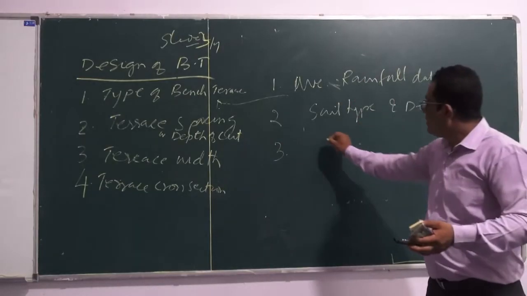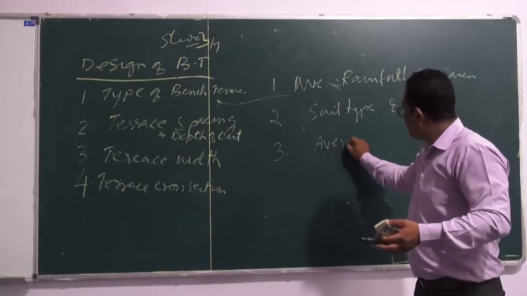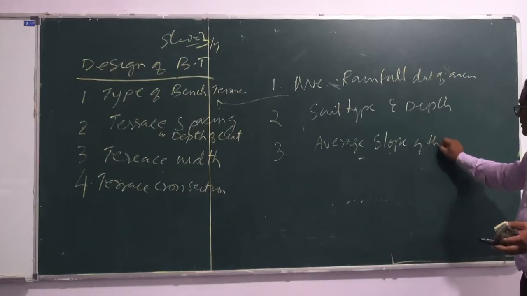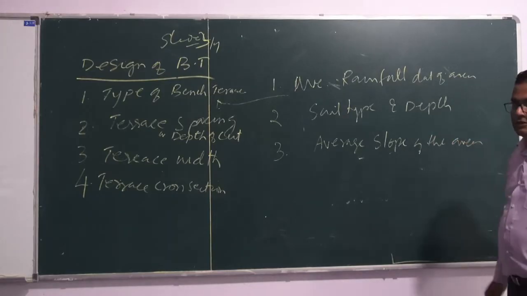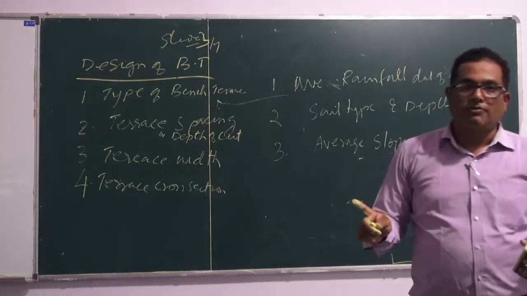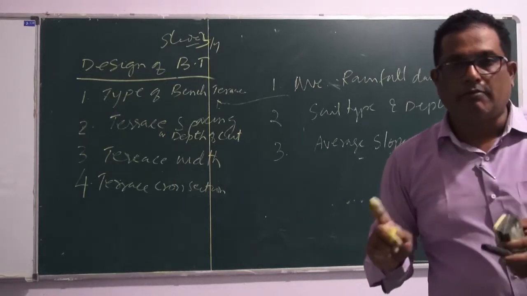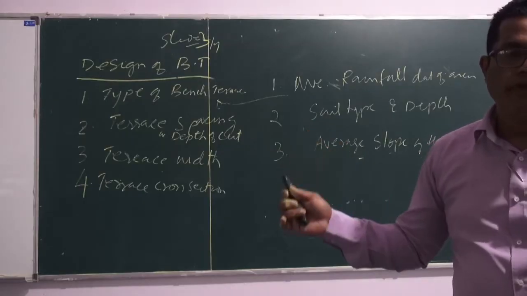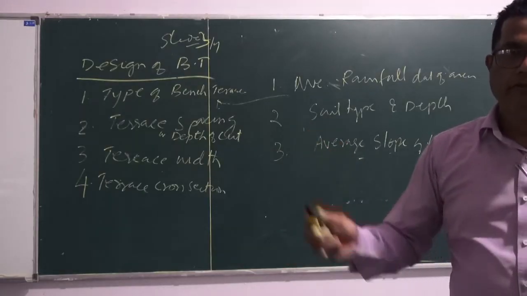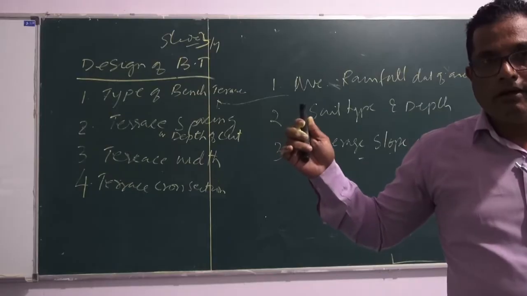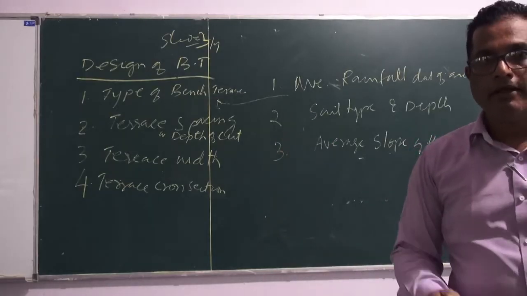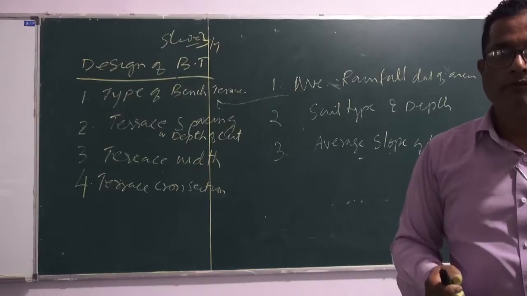Third is the average slope of the area. As already discussed, the slope of the area will determine how much width we can go for a bench terrace. If we want broader benches in steeper land, then you have to compromise with the depth of cut.